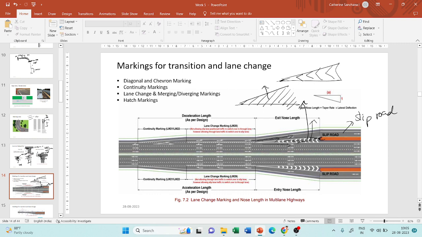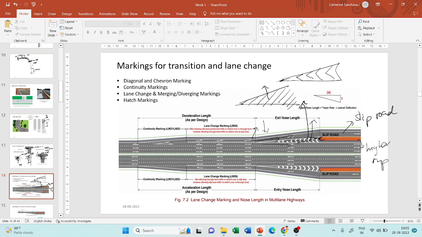Now let us say the traffic which is on one level, the ground level, is of lower importance, and the traffic which is at the higher level is of higher importance. For example, what will an acceleration or a deceleration road do?